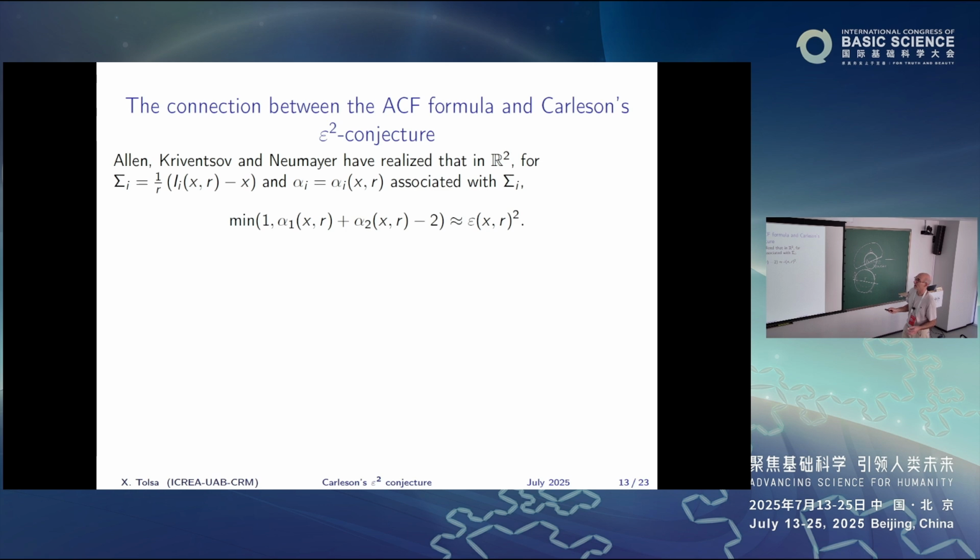Then sigma I will be I_i, right? Then we have that the minimum, we have to put a minimum here, because this alpha I could tend to infinity if the domains become very tiny. So putting this minimum with 1, alpha 1 plus alpha 2 minus 2 is comparable to the square of the epsilon coefficient of Carleson.